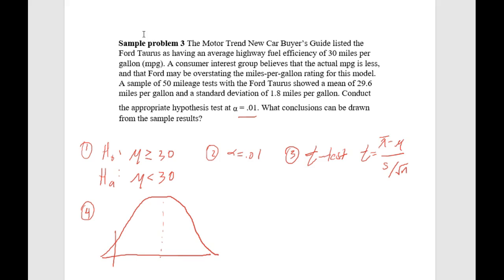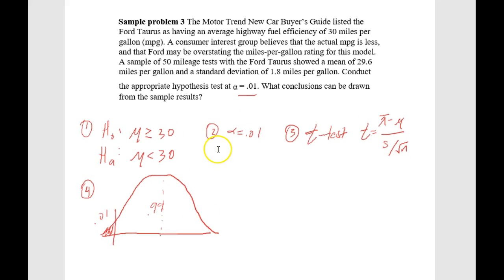Okay, and then we want to establish how much probability to put in our rejection region. We look at alpha for that. So we have 0.01 in this rejection region. Okay, so we have 0.99 in the non-rejection region. And now we need to determine what critical value. Right, so in the z-test, it was very easy.